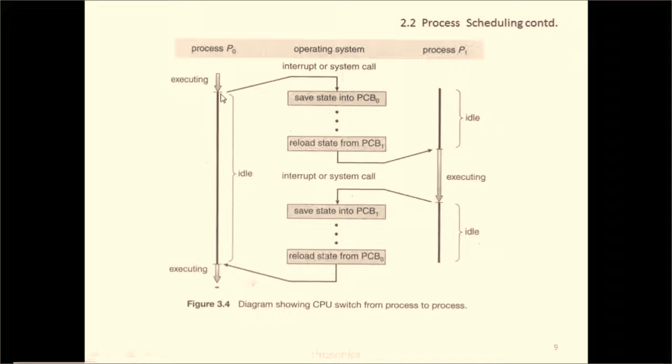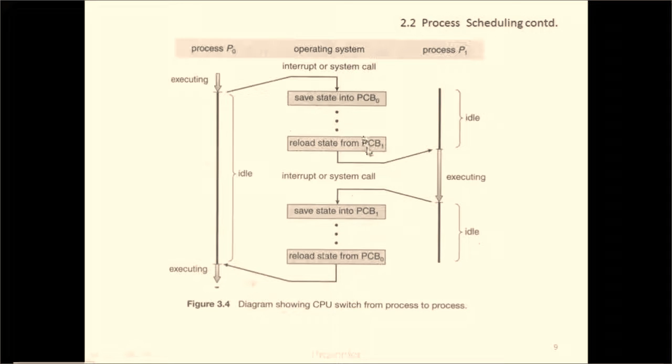Now once an interrupt or a system call indicates that the time slice for P0 has completed, the operating system comes into play. It saves state information into PCB0, which is the PCB of process 0. So it saves all information that might be necessary when we want to restart process 0 after some time.